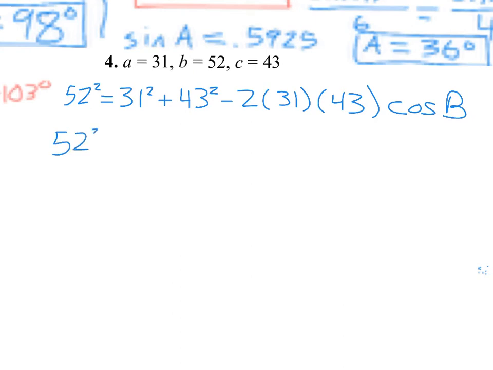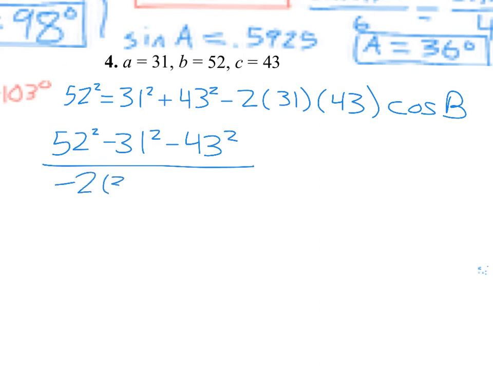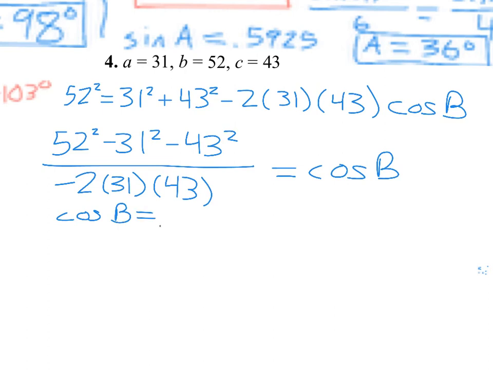Alright, so I'm going to move these to the other side, and I'm going to divide by the stuff in front of cosine B. So cosine B equals 0.03976, which means angle B equals 88 degrees.